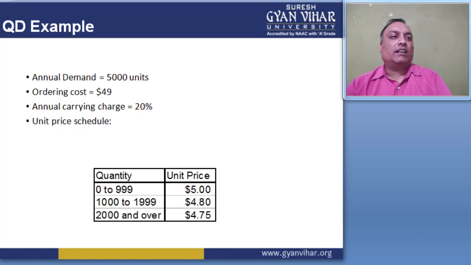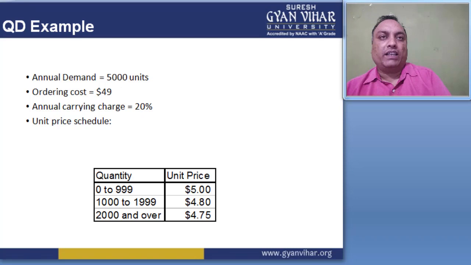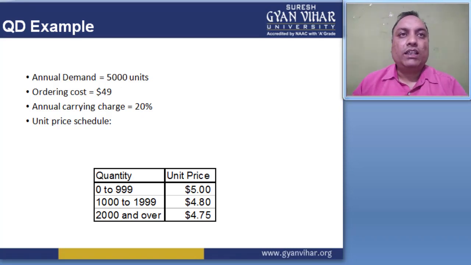If the quantity of the item increases to 2000 and over, then the unit price is $4.75. So the conclusion of this question: if you increase the quantity, then the unit price is reduced, right?